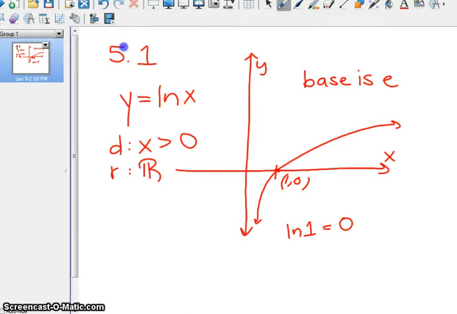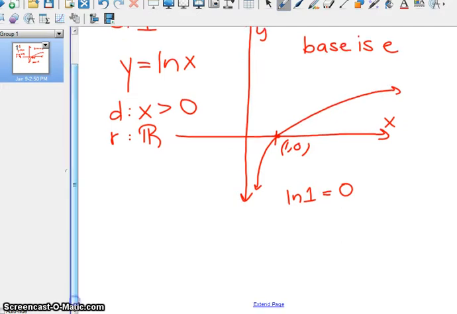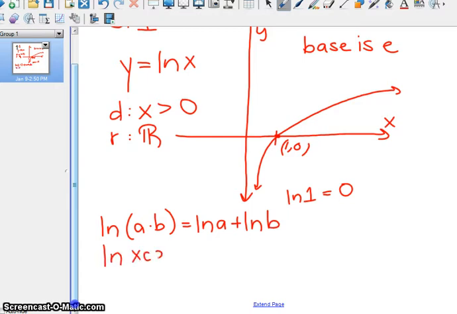Hopefully everybody remembers their log rules. By your log rules, I mean that if you have natural log of a times b, that is the same thing as natural log of a plus natural log of b. For example, natural log of x times cosine x, I could write as natural log of x plus natural log of cosine x.